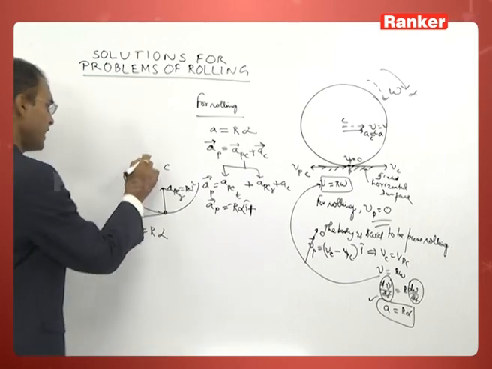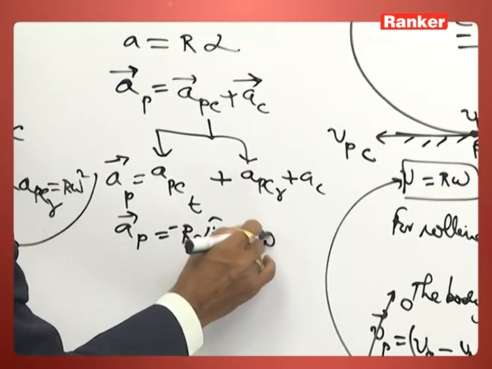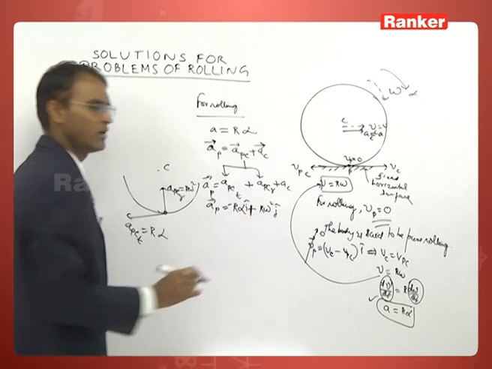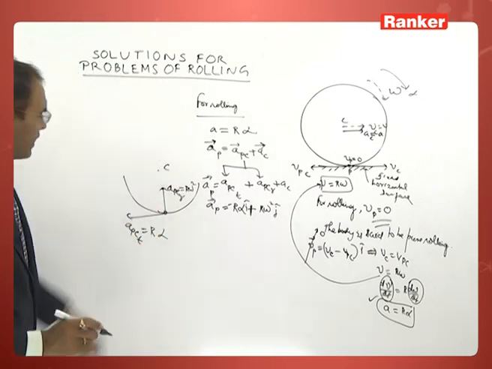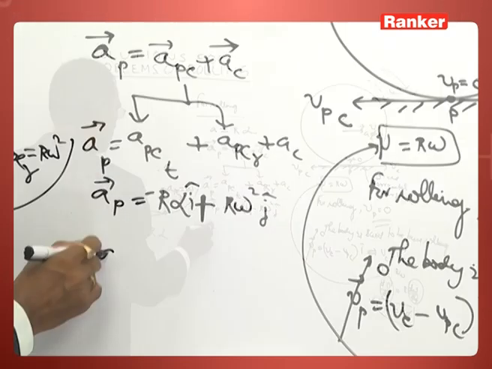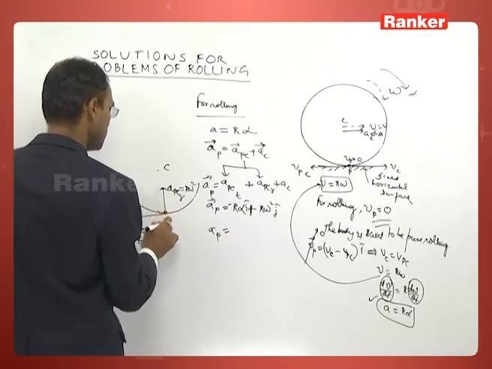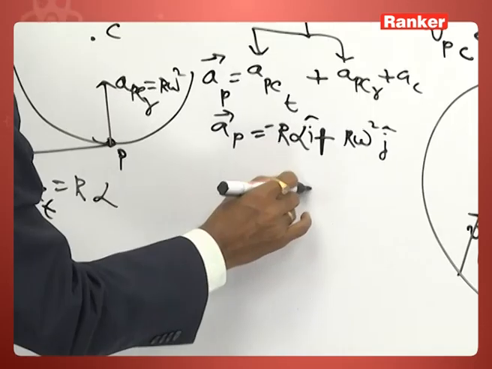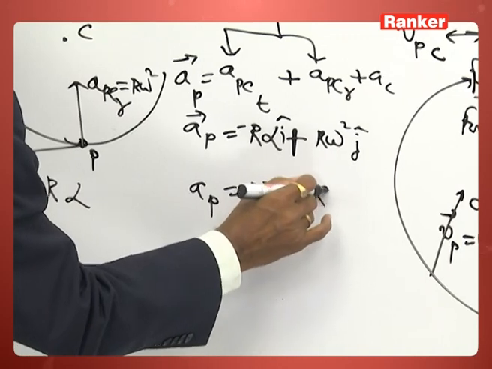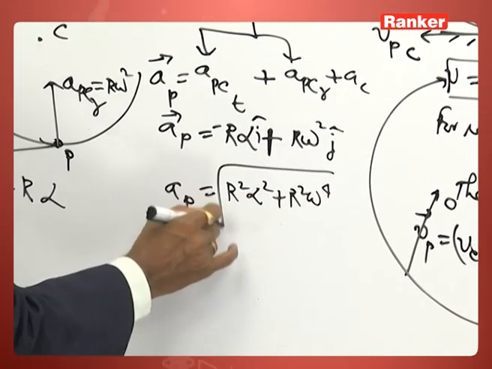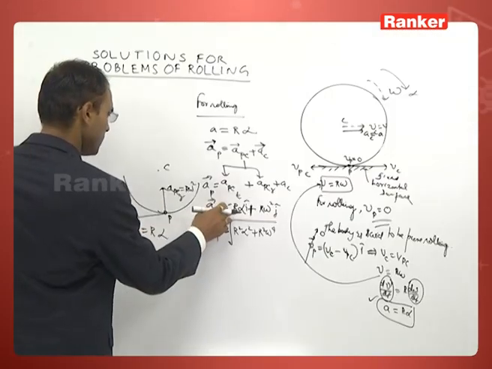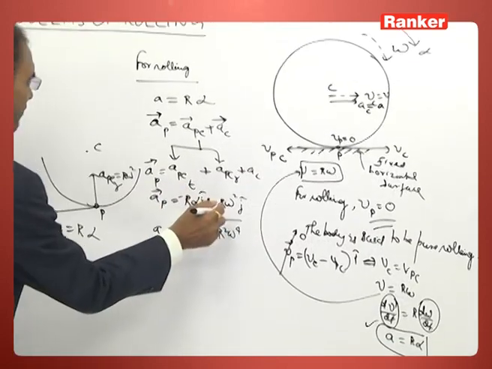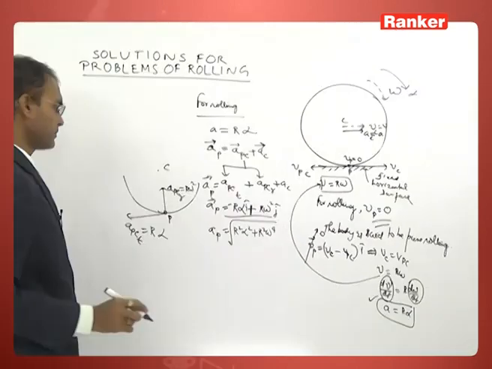APC along radial direction is r omega square in upward direction. Therefore, the net acceleration of this point is equal to square root of r square alpha square plus r square omega to the power 4. That's very interesting. And here we have missed something.